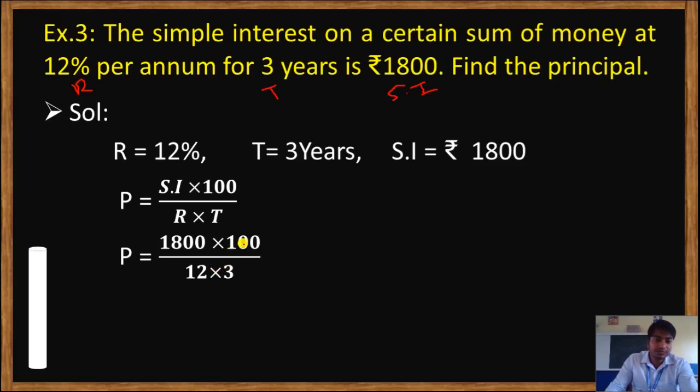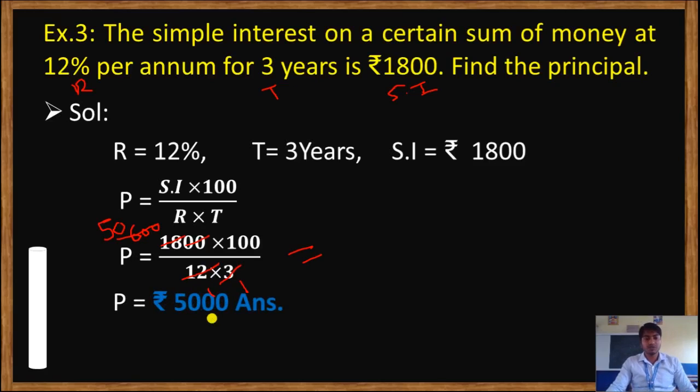Now reduce the terms. 3 ones are 3, 3 sixes are 18 and 2 zeros. Now 12 ones are 12, 12 fives are 60 and 1 zero. Now you can see 50 here and 100 here. When you multiply, you get 5,000. So this is the answer to this question.